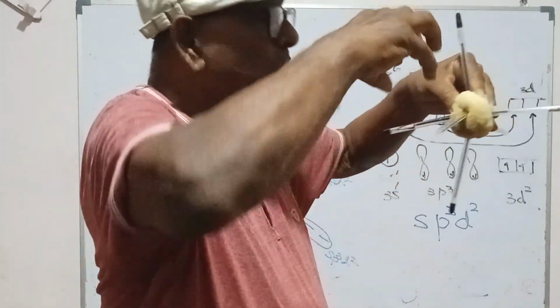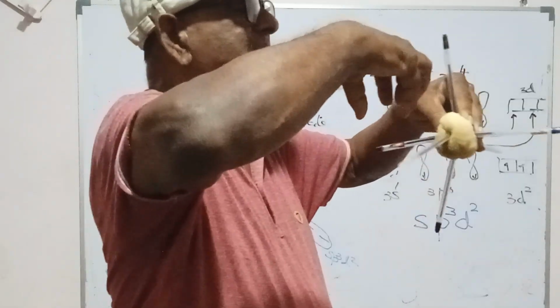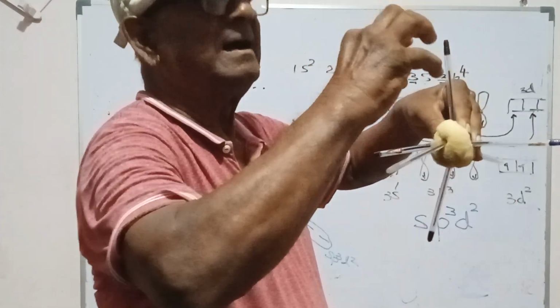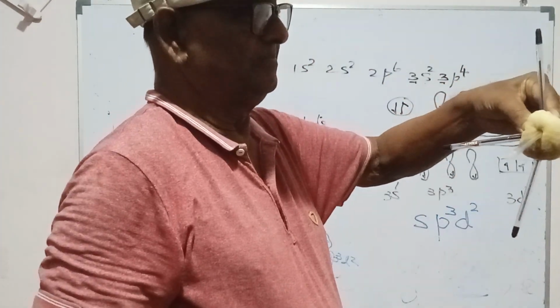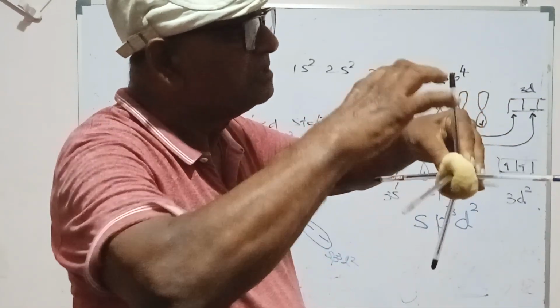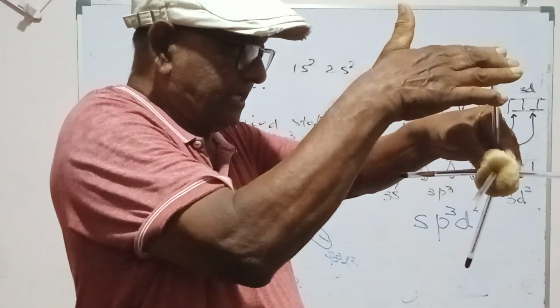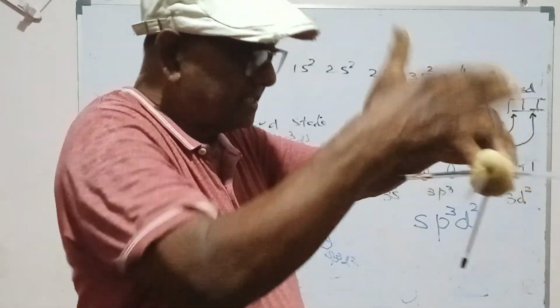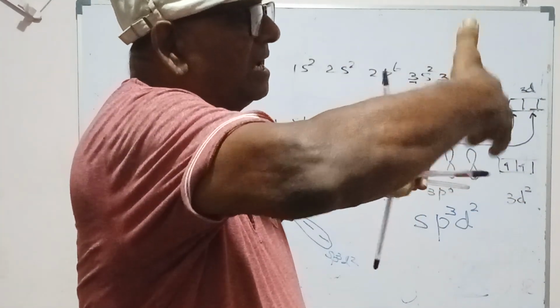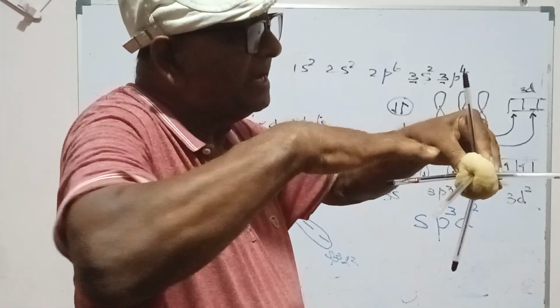Altogether 12 angles, all are 90 degrees. The whole arrangement, if we connect these atoms, is the square plane.